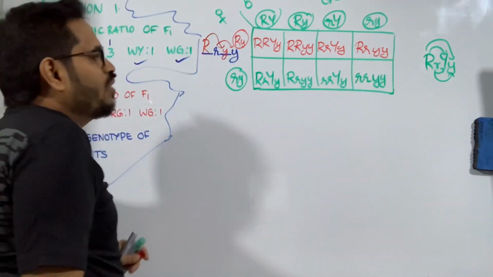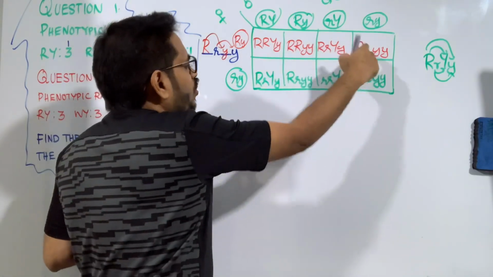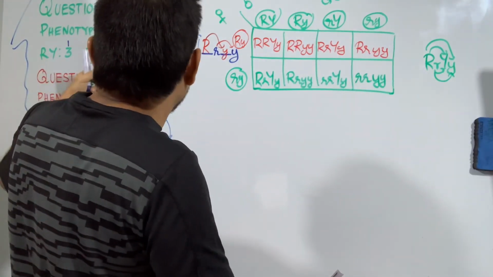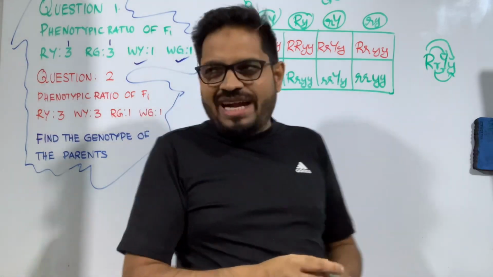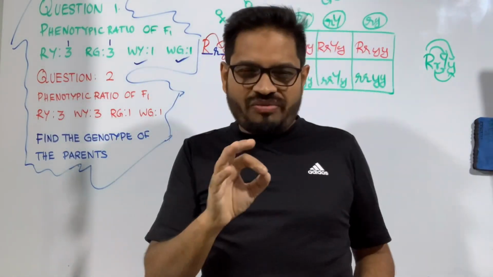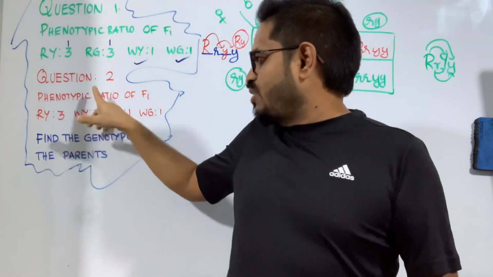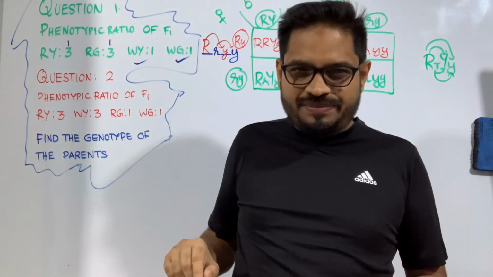Let us check what these things are. This is round yellow, round green, round yellow, round green, round yellow 2 more, round green 2 more. We added, so totally we got 3, 3, 1, 1. Perfect ratio.